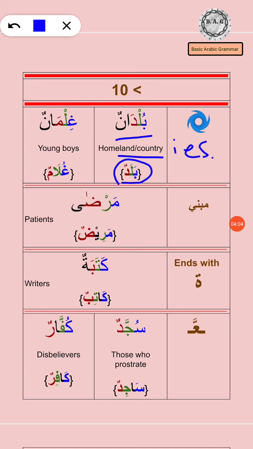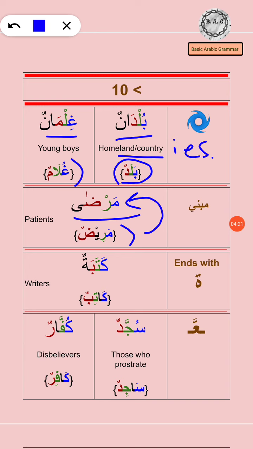Next, once again, the pattern is fi'lanun, and the word is ghilmanun, and the root word is ghulamun, which is young boys. The next example is Mirza. The root word is marizun, and it has been used in the pattern of fa'ala, and it becomes Mirza, patient ones.